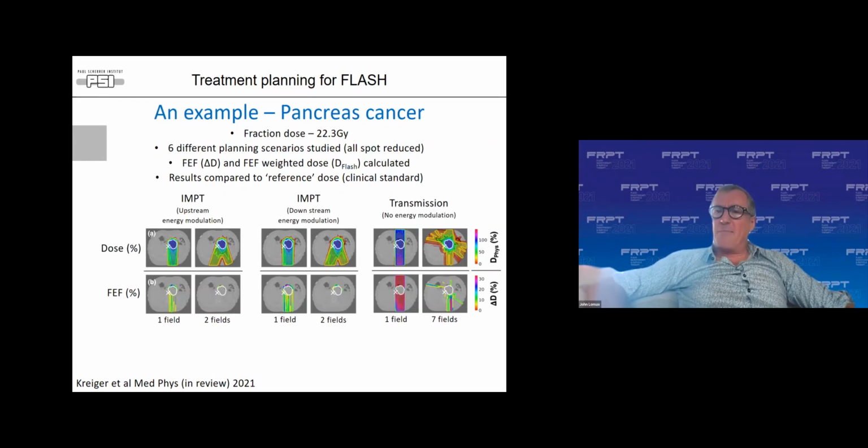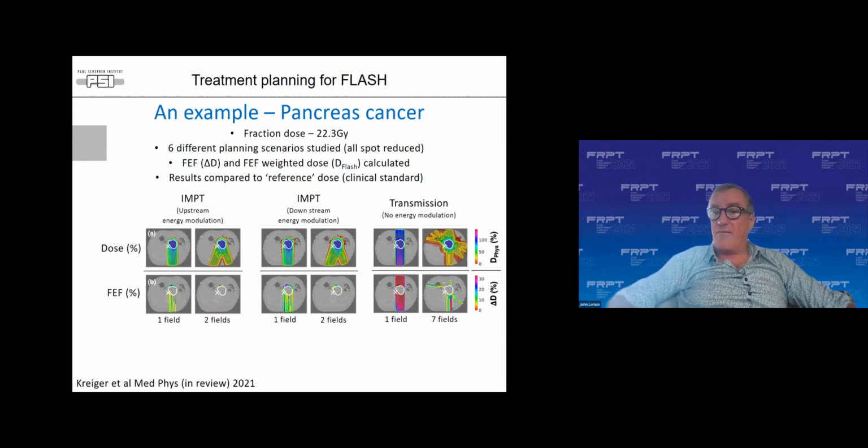We could then apply the model I showed in the slide before, and we can get these flash effectiveness factors. And these pictures show you in color the flash effectiveness factor for each of these plans. You can see the 2-field conventional pencil beam scanned has hardly any flash effect, whereas we can go to the single field transmission plan and we get a large flash effect.